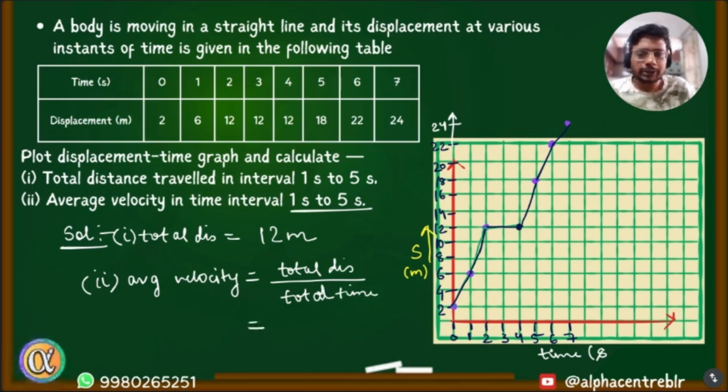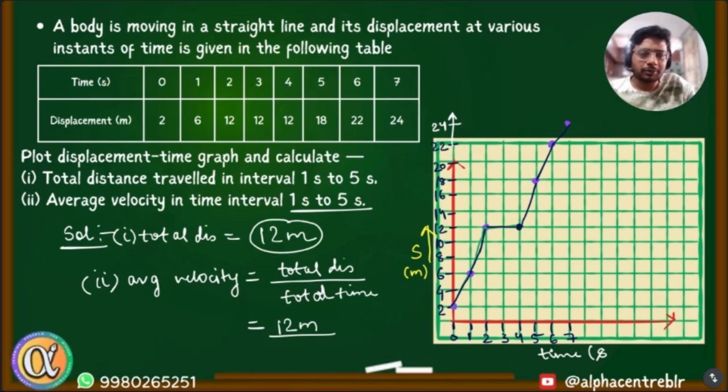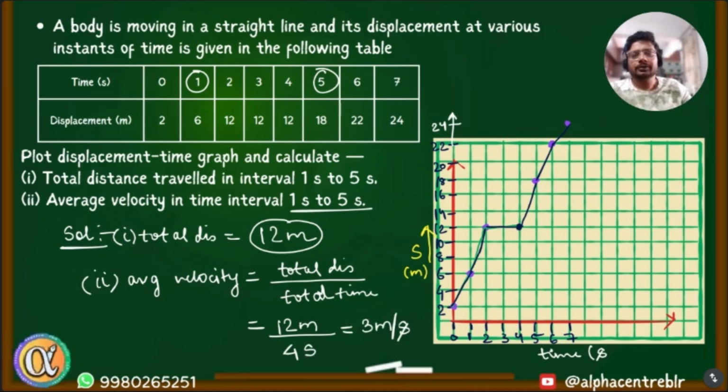The total displacement is what we calculated in the previous part, 12 meters. In some parts it was traveling fast, in some part it was at rest, in some part slow. So on average, what was the velocity? Total 12 meters divided by total time. From 1 second to 5 seconds, total time is 5 minus 1, 4 seconds. Therefore 3 meters per second. That's your final answer. Simple.